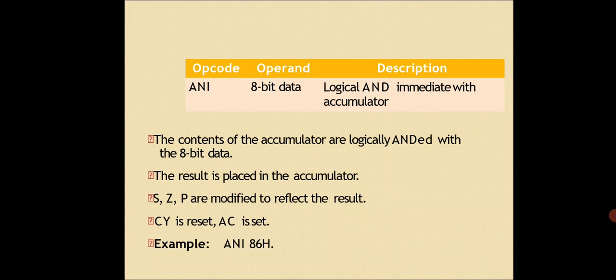The second byte acts as 8-bit immediate data. It is logically ANDed with the contents of the accumulator, and the result is stored in the accumulator. S, Z, P flags are modified to reflect the result in the accumulator. The carry flag is reset and the AC flag is set.